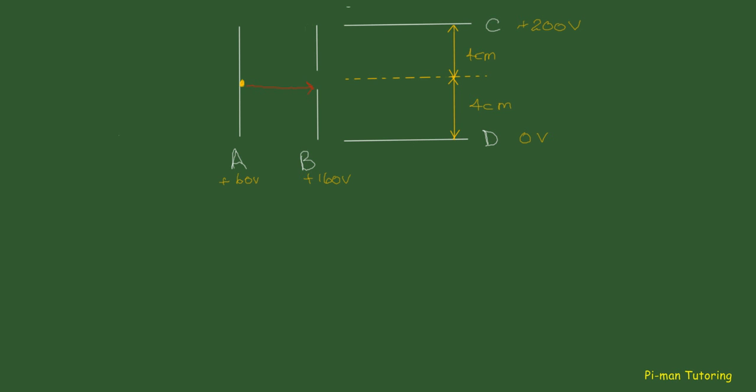Now part C asks us for the acceleration that the electron experiences between plates C and D. Now we've just calculated the upward force, the electrostatic force pulling the electron upwards. Strictly speaking, there's also the gravitational force pulling the electron down, but of course it's very small.